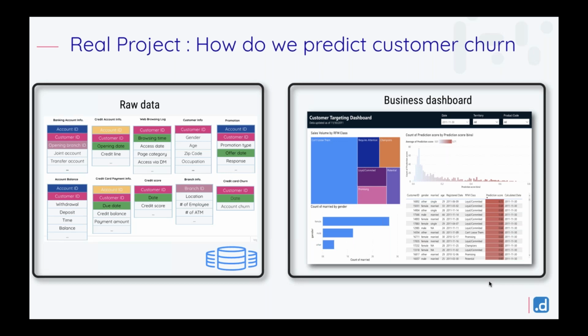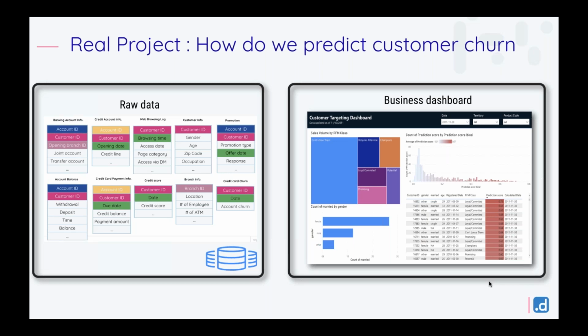By doing that, hopefully they can stabilize their business, retain their customers, and maybe come up with some ideas about how they can further improve on their credit card products. Once this kind of predictive model is built, they anticipate a business dashboard to be constructed.